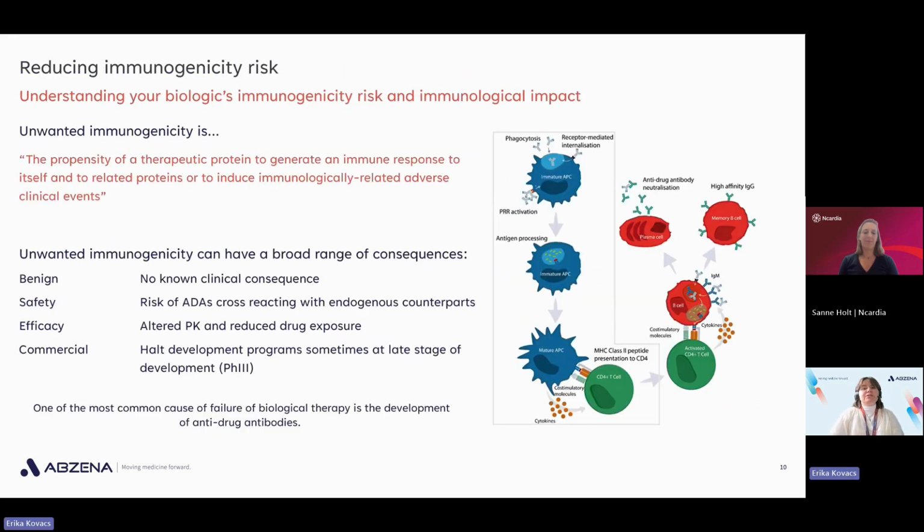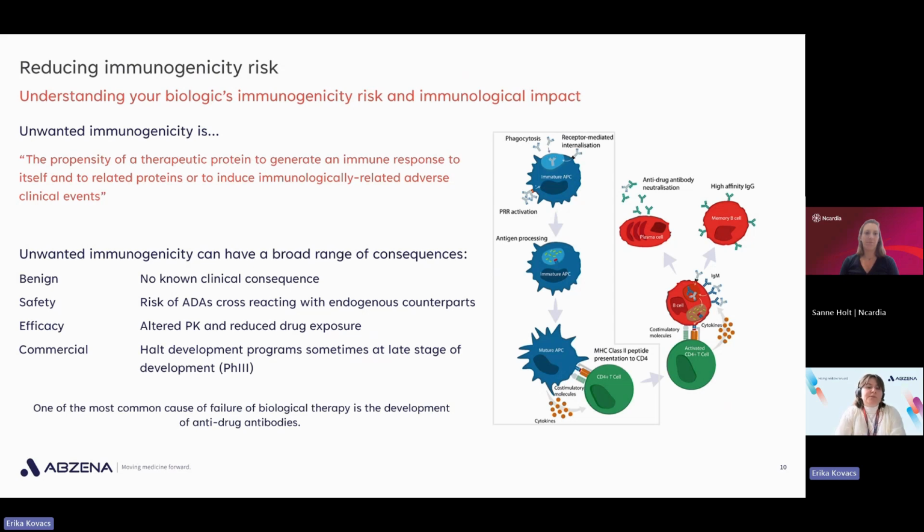So why is reducing immunogenicity as early on as possible so important? In some cases, unwanted immunogenicity has very minimal clinical consequences, but that's not the case the majority of the times. Most of the times it will have an impact on safety and efficacy. In terms of safety, the risk of these ADAs cross-reacting with endogenous counterparts can cause quite adverse events, whereas in case of efficacy, the altered PK properties will lead to a reduced drug exposure.